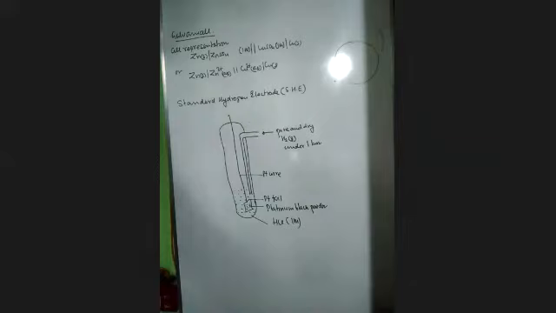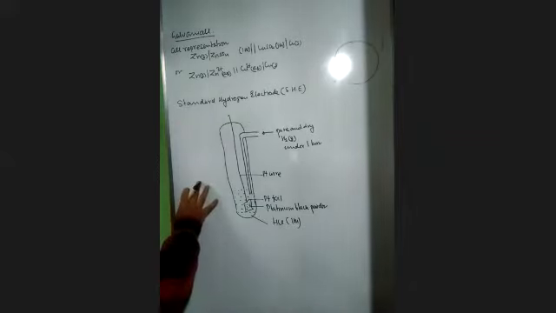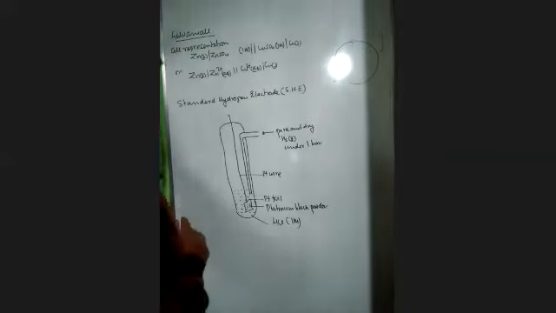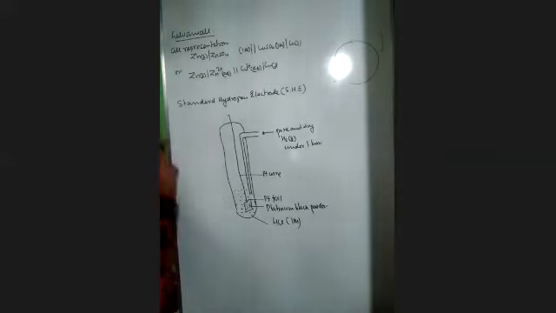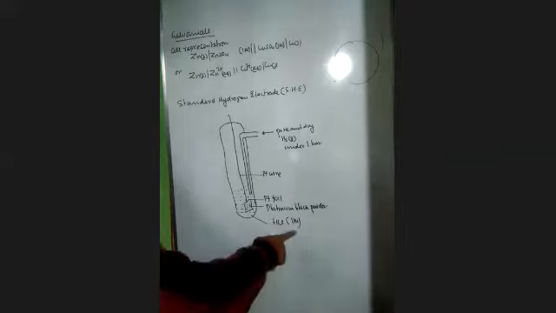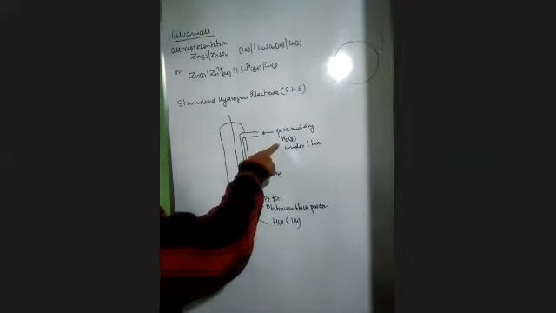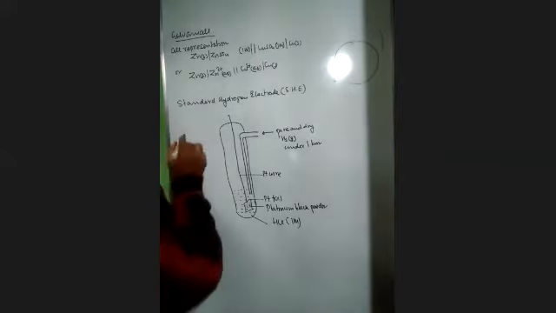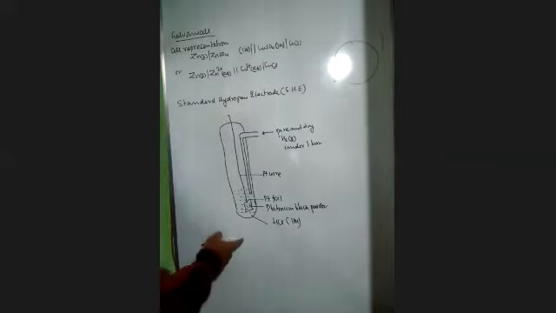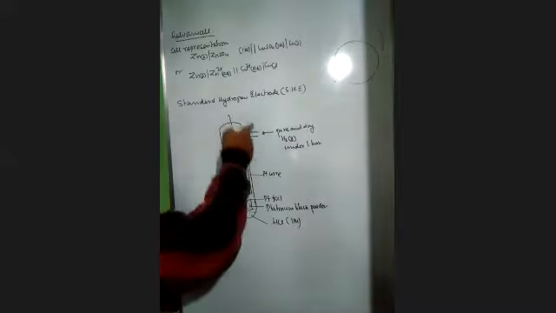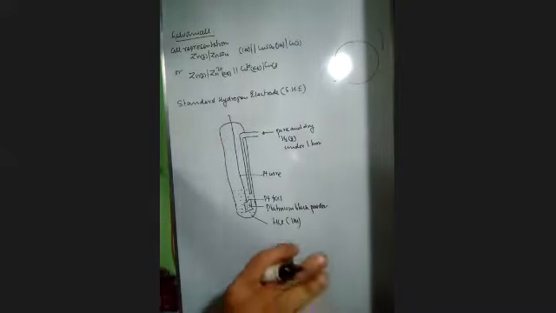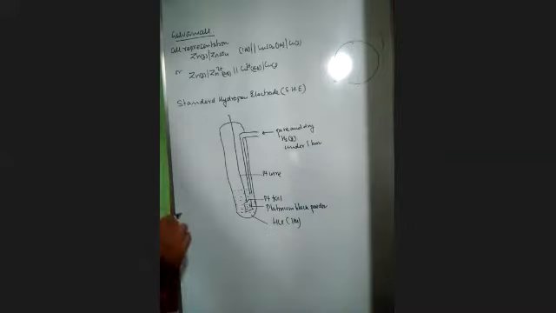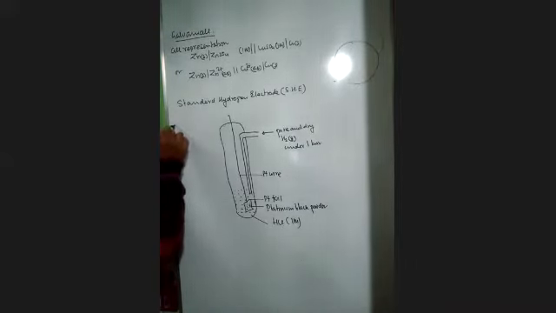So this is the standard hydrogen electrode. The moment you say standard, we put the value, which is called 1 molar. And this is hydrogen. So this standard hydrogen electrode potential, we are only going to fix it. So what is the value now?